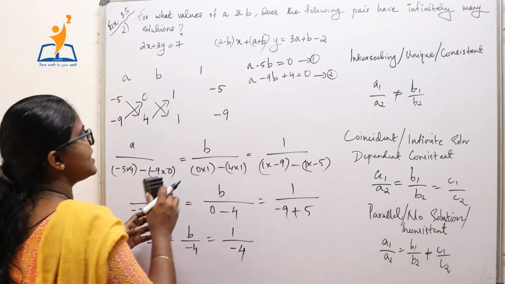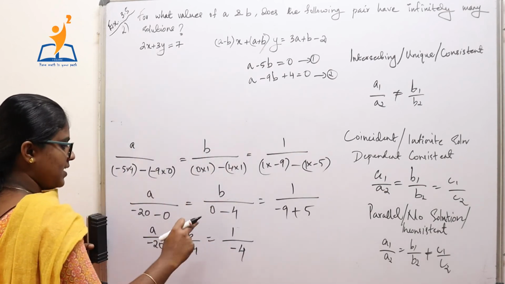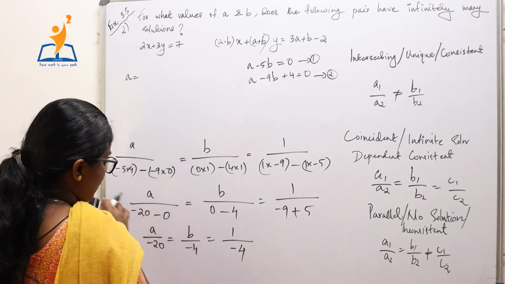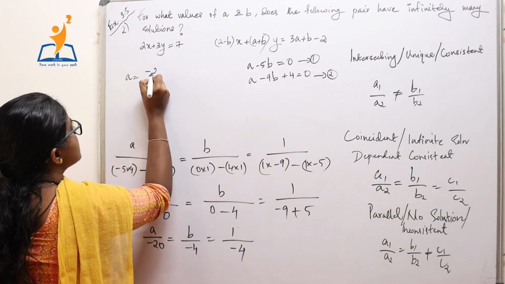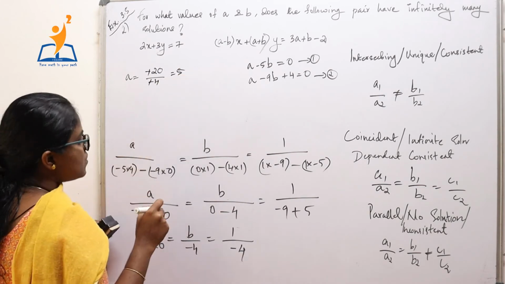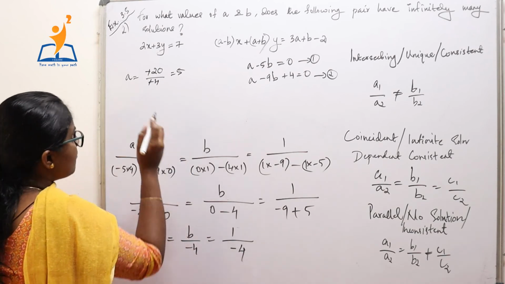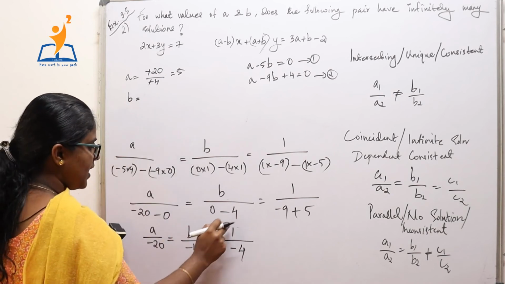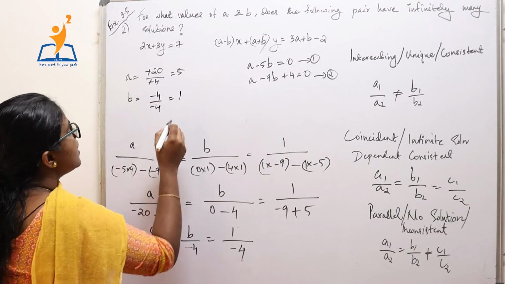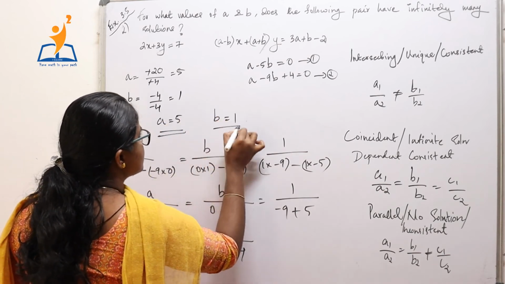So a by minus 20 is equal to 1 by minus 4, which means a is equal to minus 20 by minus 4, and that becomes 5. Now we want b, that is b is equal to minus 4 by minus 4, that is 1. So we got a is equal to 5 and b is equal to 1.